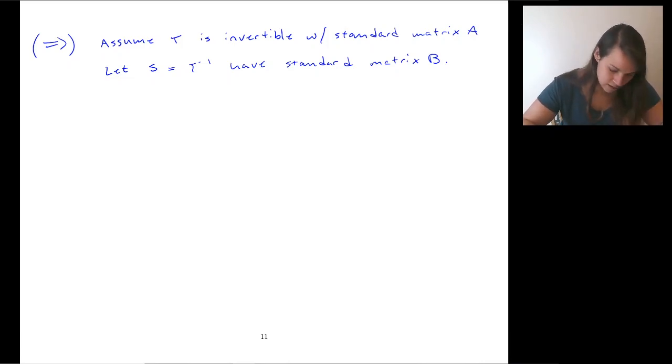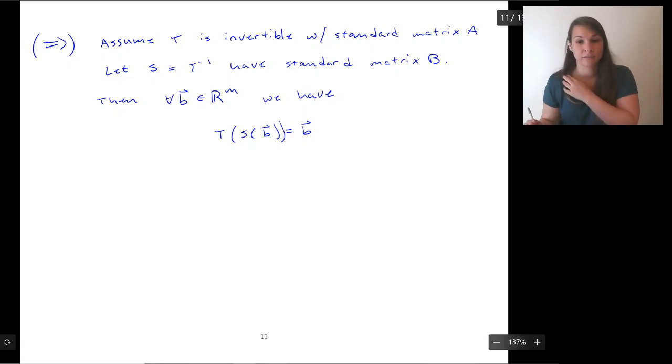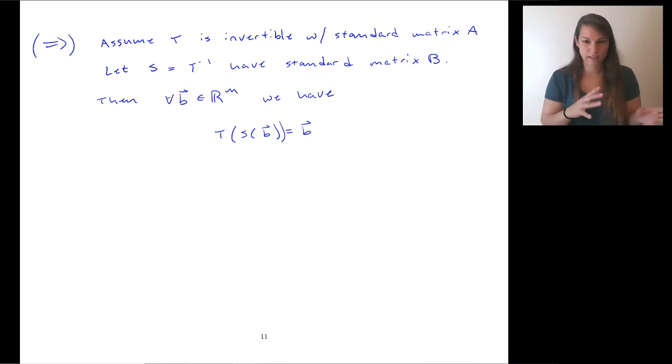So then what we know is for all b in Rn, we have T of S of b equals b, because S is the inverse of T, so we can write T of S of b and still get back b.